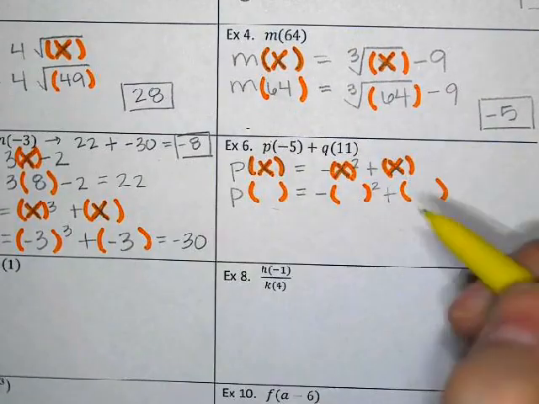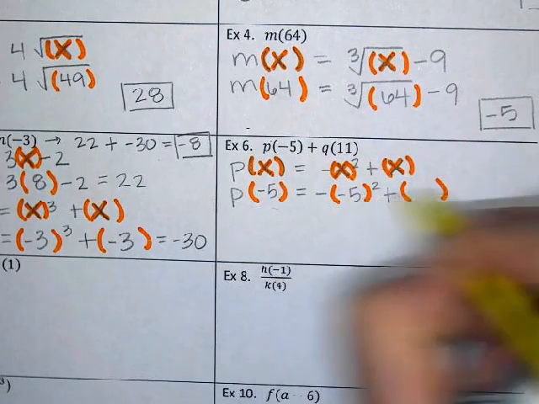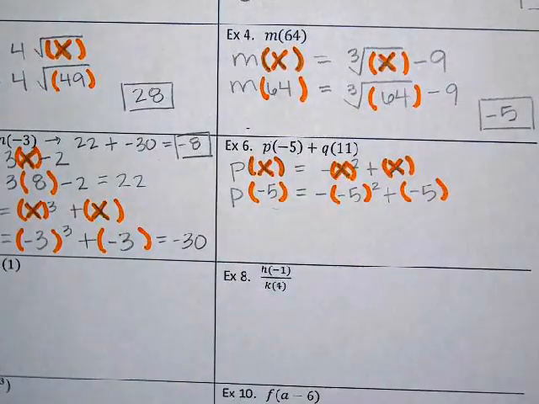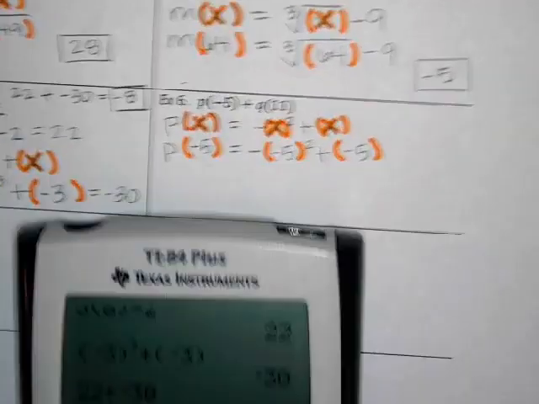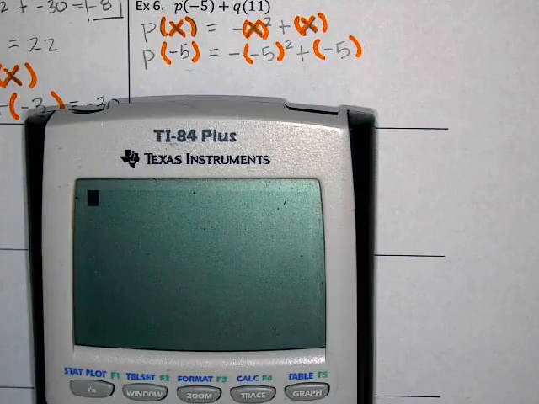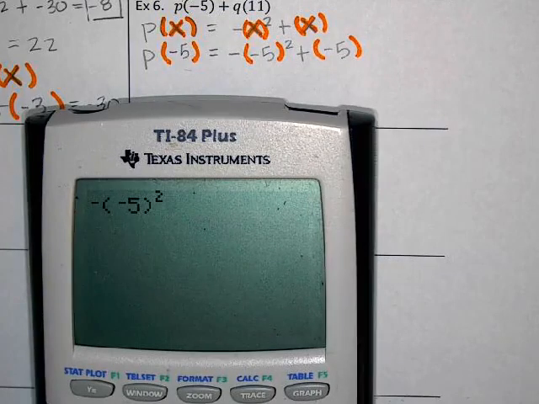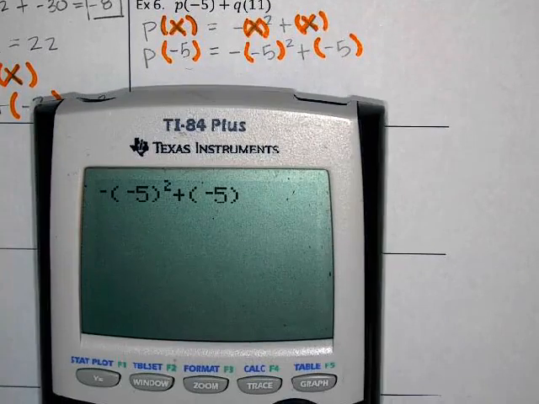So we've got a negative 5 and a negative 5 and a negative 5. So if I plug in negative 5, then I have the negative version of negative 5 squared plus negative 5. So I'm typing it exactly the way it looks on my paper, and I get negative 30 there as well.